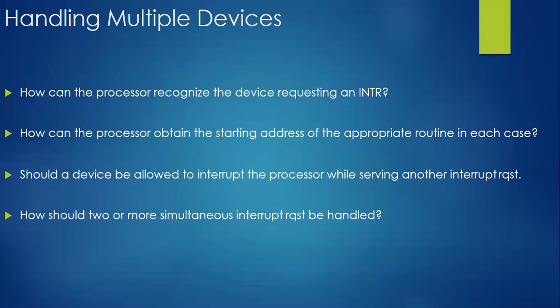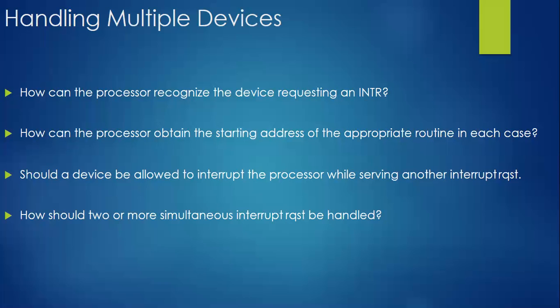Second question. How can the processor obtain the starting address of the appropriate routine in each case? Routine stands for interrupt service routine. It is not compulsory that a device always raises an interrupt request for the same kind of problem.